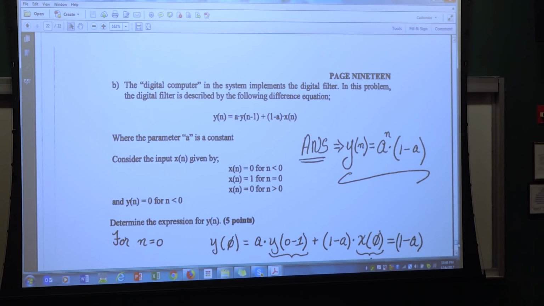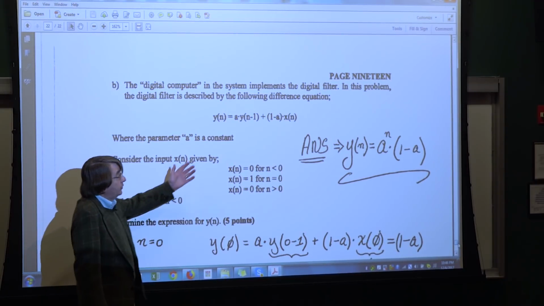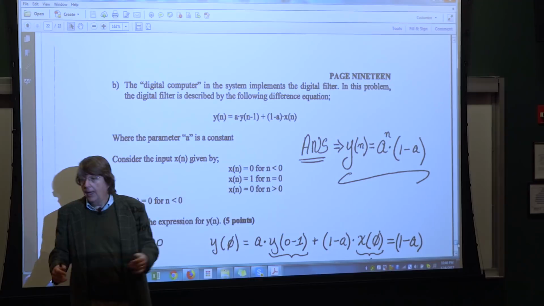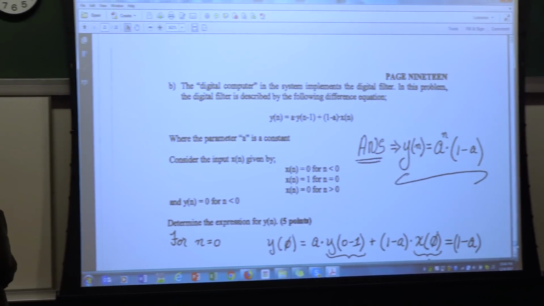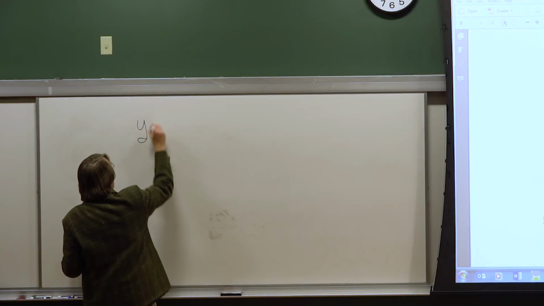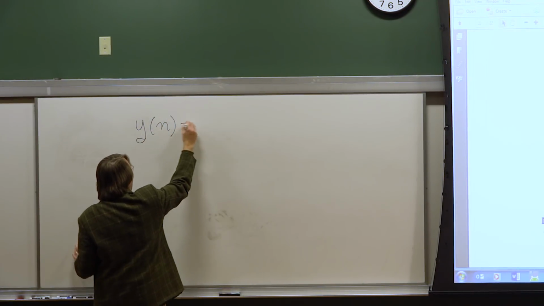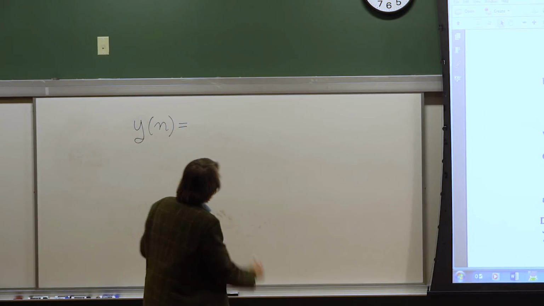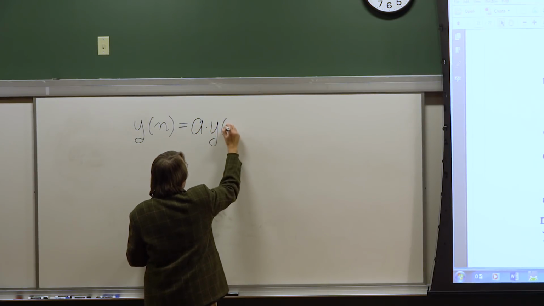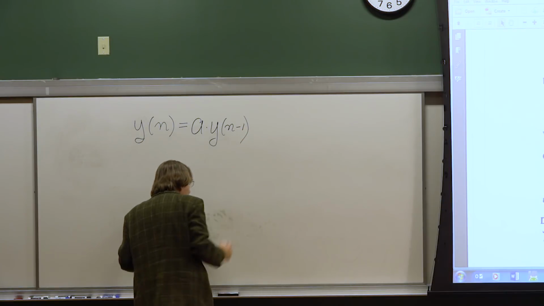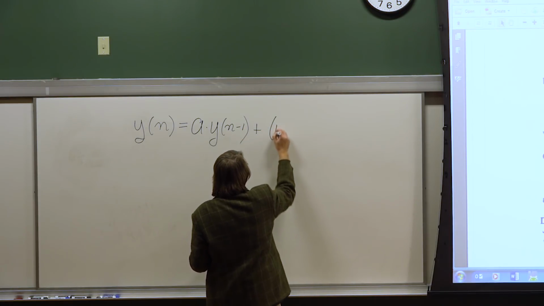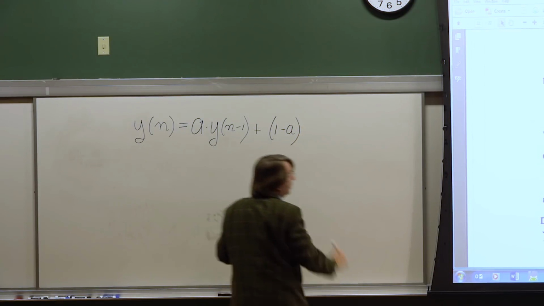Now, this is the equation for a particular filter. So this is how we're building the filter. And let me just write the equation down. My colleagues, I don't want this to stress you out. When you get to this point of the exam, solve it one step at a time, and you should begin to see some kind of pattern or some general way to write down the final answer.